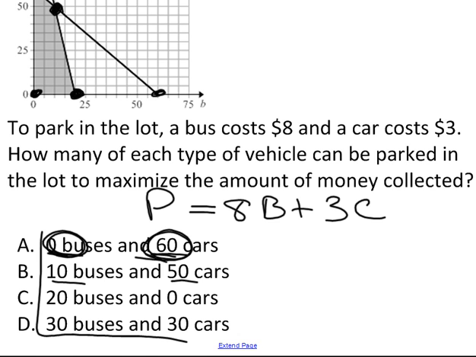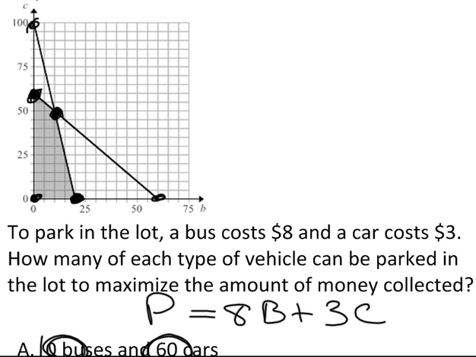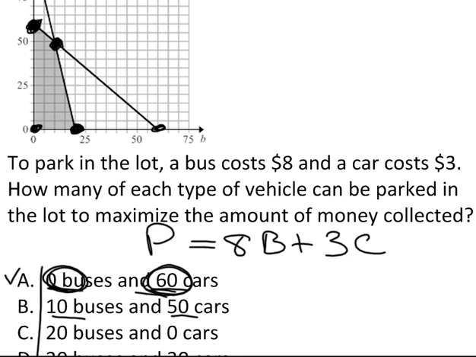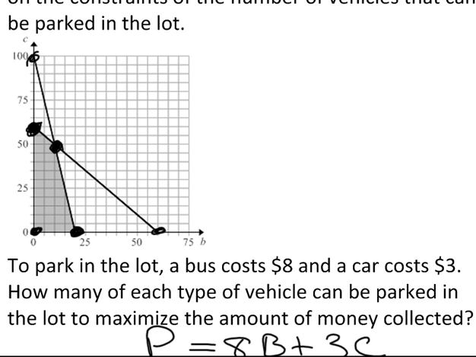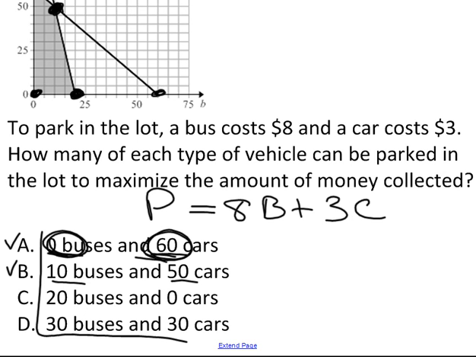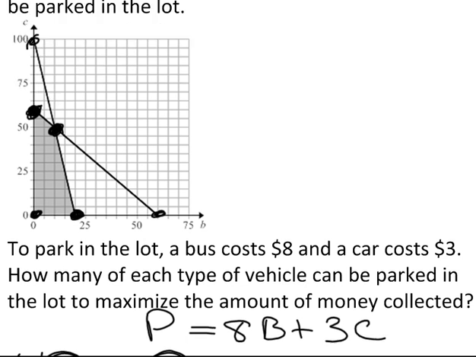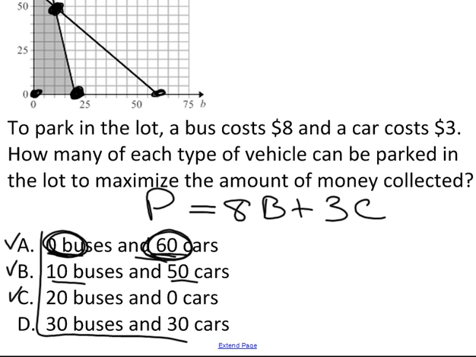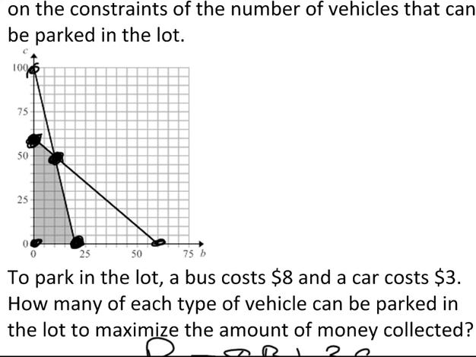So if you look at (0, 60), that's this point right here. So that one is a potential. You could check that one. You could use it. (10, 50) looks like it is this point right here, so that one is a potential. (20, 0), yep, actually that one was right there. (20, 0) and (30, 30). (30, 30) is right here.